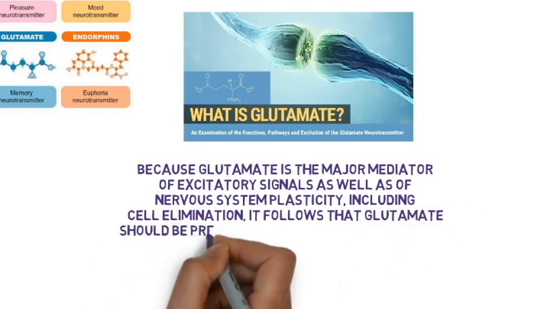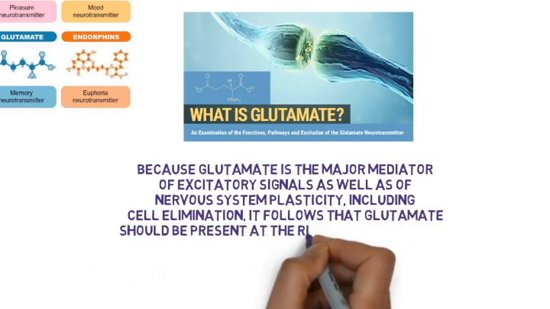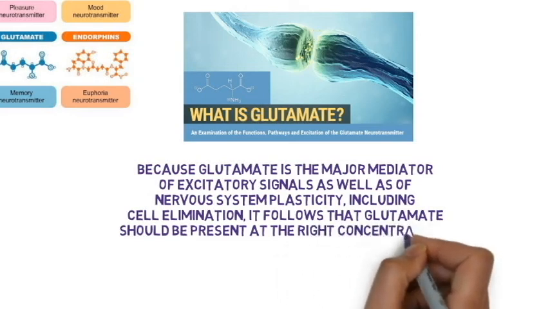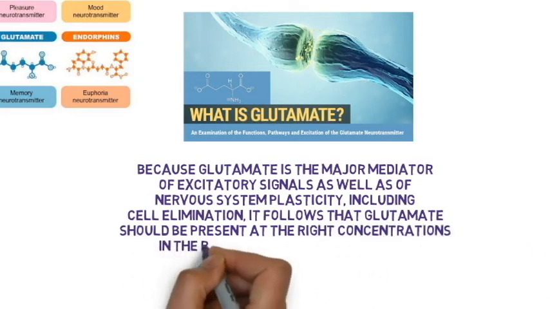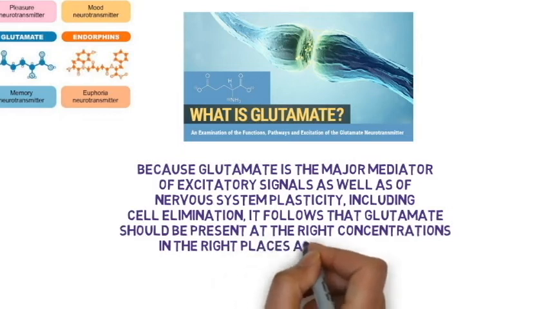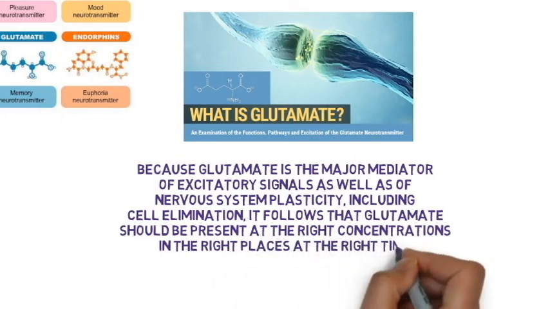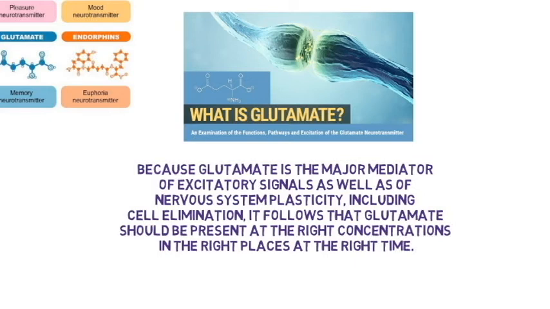From this, it follows that glutamate has to be present in the right concentration, in the right places, for the right time. Both too much and too little glutamate is harmful. And this implies that glutamate is both essential and highly toxic at the same time.